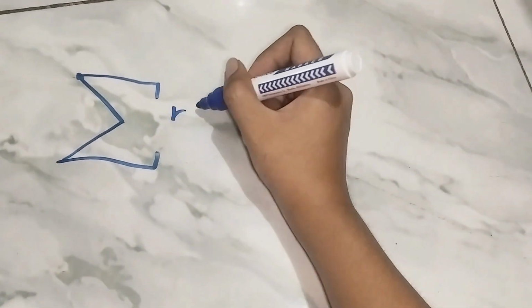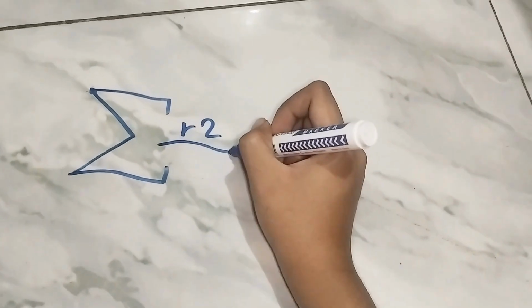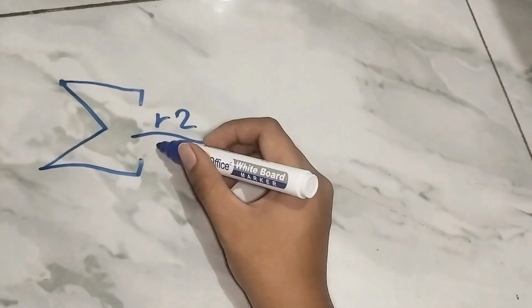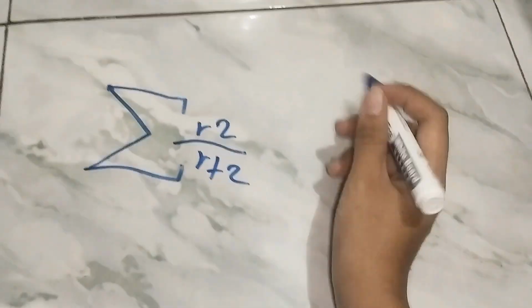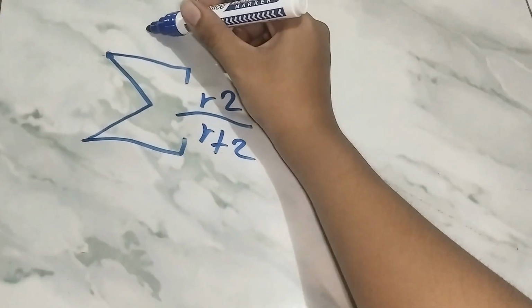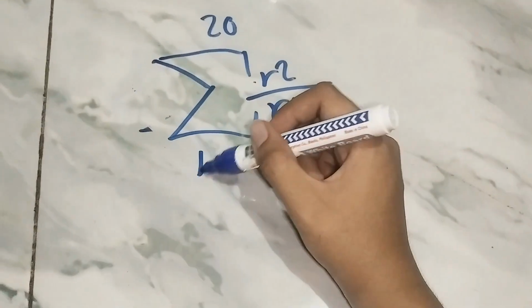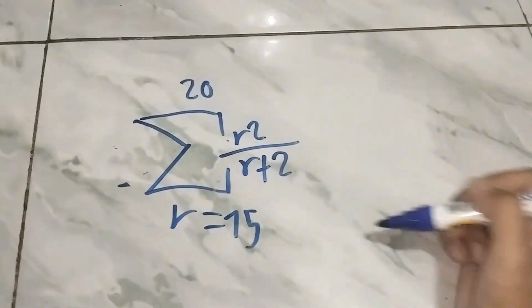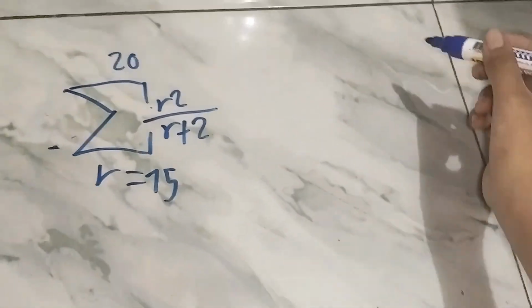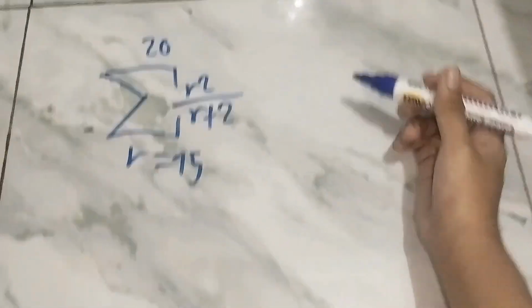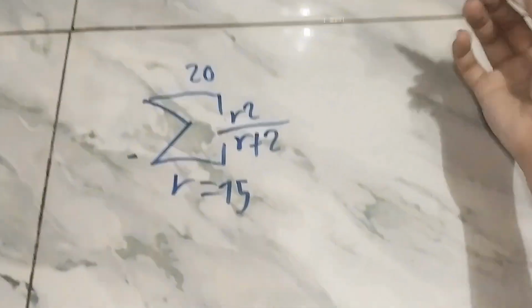So what if it's in fraction form? You just need to follow the same procedure, okay? The first thing we need to do here is, of course, substitute all of it first.